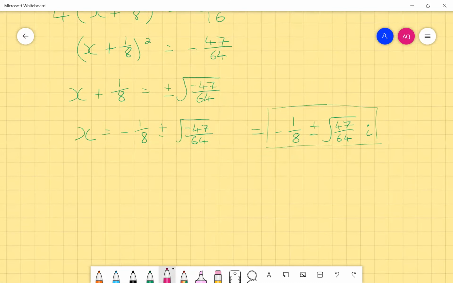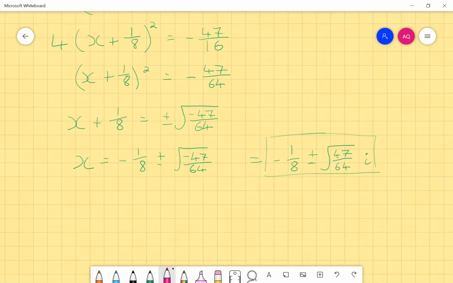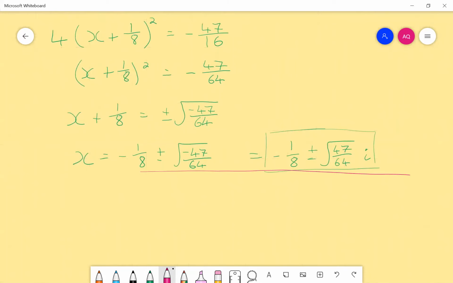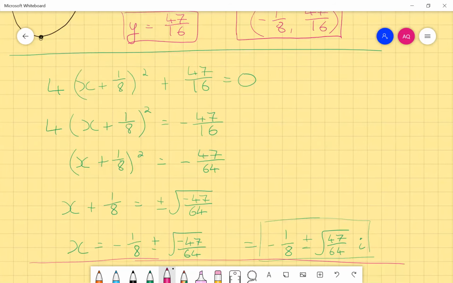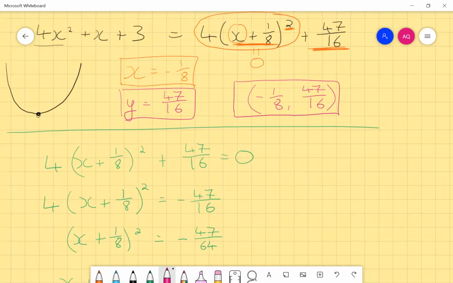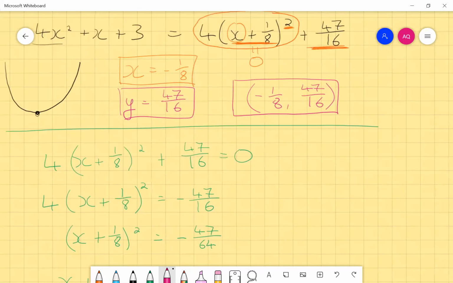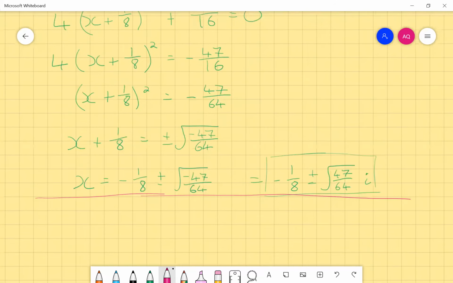We could also use it to prove an equation is always greater than 0, say for example, or greater than any given number. So just come back up to find my original equation, 4x squared plus x plus 3.